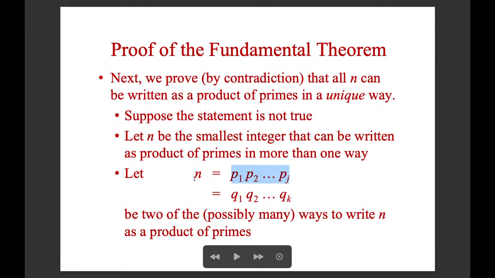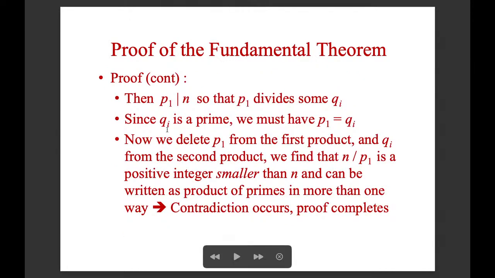So p1 divides the product of these parts. By our lemma, p1 divides at least one of the values here. And in particular, because all these are primes, that value has to be the prime number p1 itself. So we will have p1 equal to qi for some i.